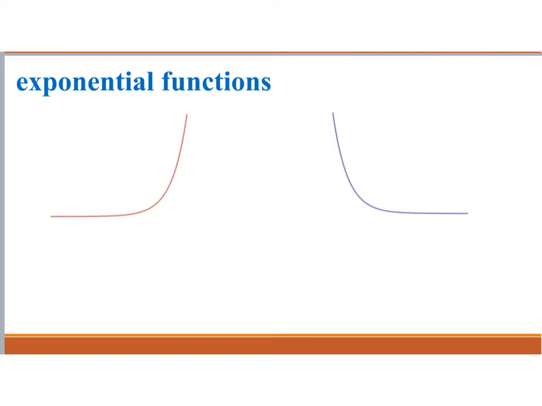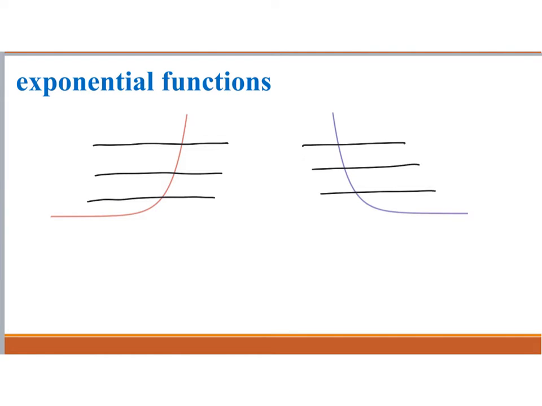Let's start with exponential functions and recall that the graph of an exponential function could either be this increasing curve or this decreasing curve. Either way though, each of these curves pass the horizontal line test. So when you draw horizontal lines anywhere on each graph, there's only one intersection between the graph and the horizontal line.